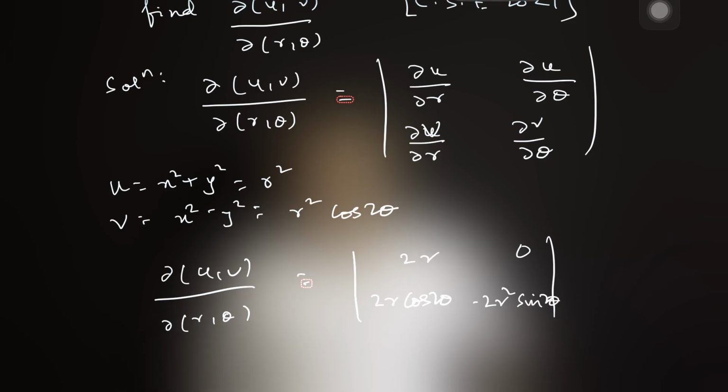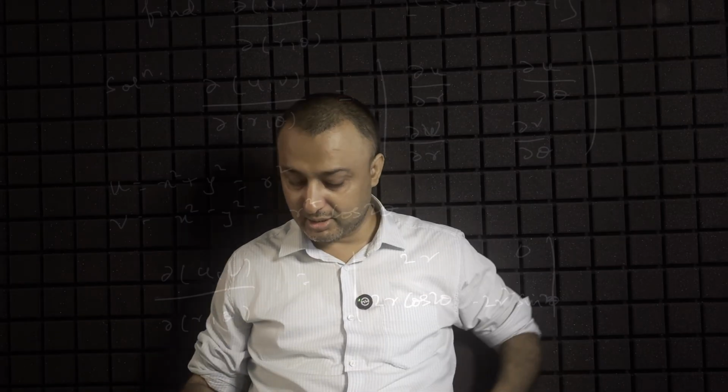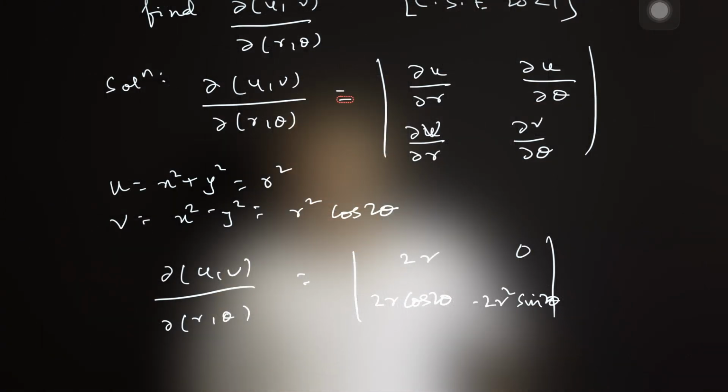So, the answer that we have is minus 4r cube sin 2 theta. This is basically finding the relation between x and y with respect to r theta. One can do that.